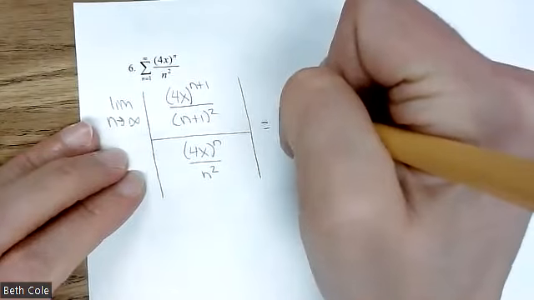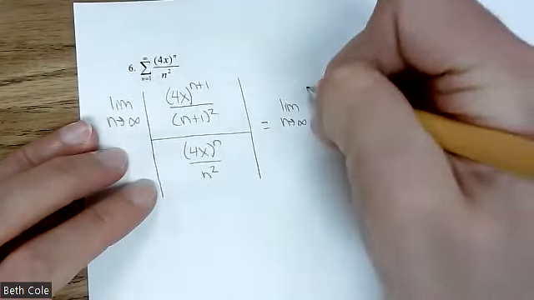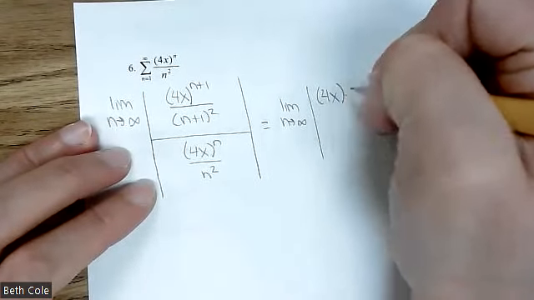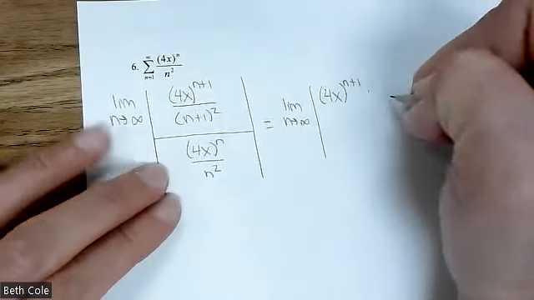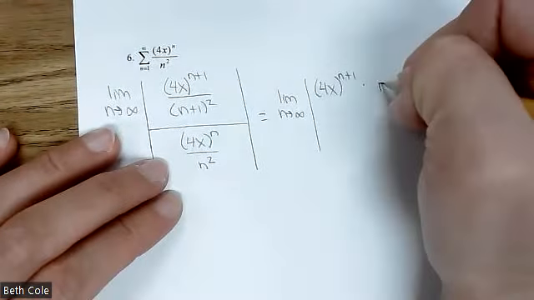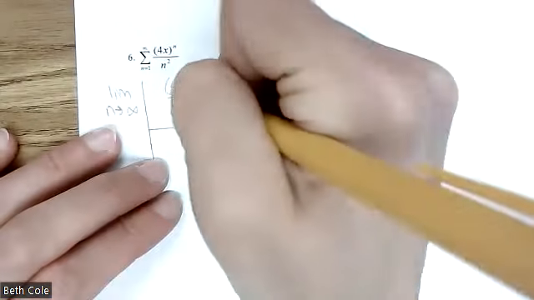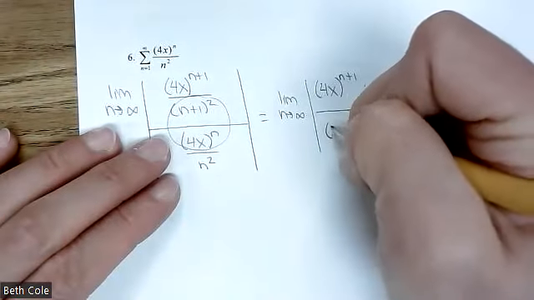All right, so now we're going to reciprocate. So on the numerator, you'll have 4x to the n plus 1, and then also n squared. Good. And then all this stuff goes on the bottom, but just try to line it up.